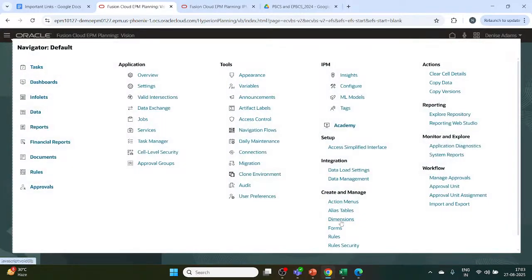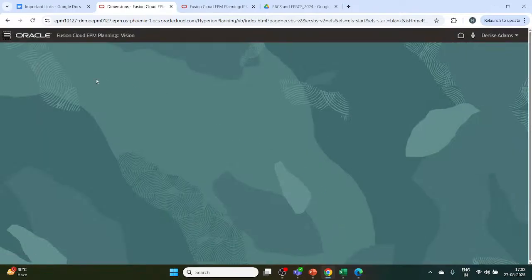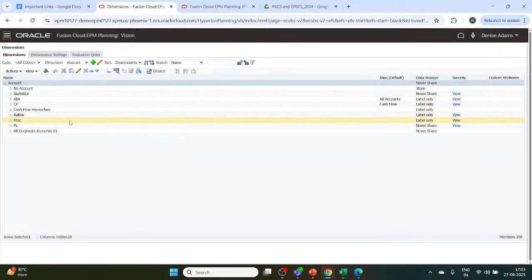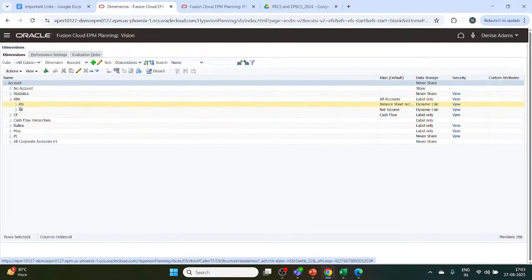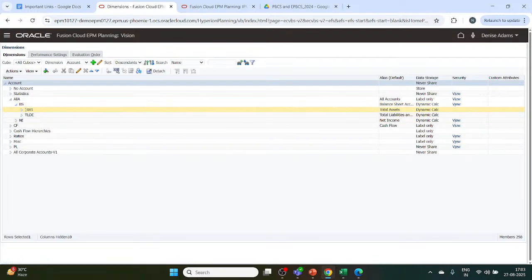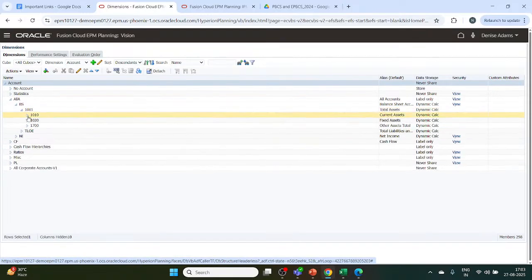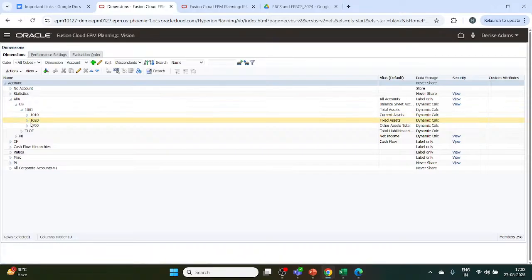Yeah, so now I will click on dimension. Here we can see different dimensions are there, and under that dimension there are many parents and children like the area. So under it balance sheet and net income. Here once we click on it, we can see the total assets and total liabilities. Once we click on it, here are current assets, fixed assets and other assets also.